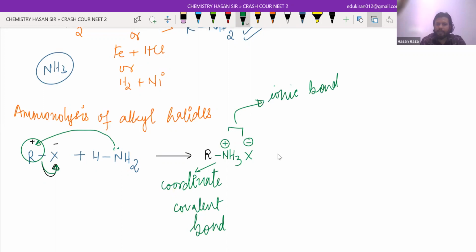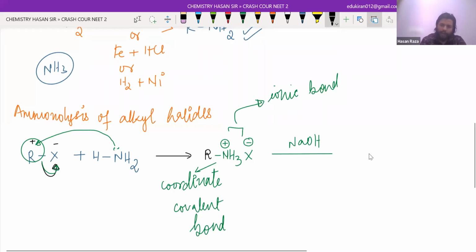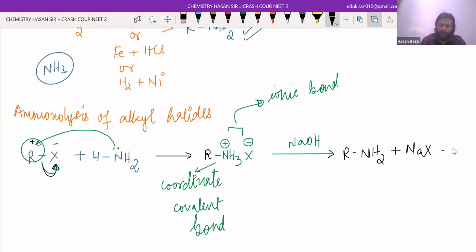After getting this salt, if you are going to react this with NaOH, you will be getting primary amine RNH2 along with a salt NaX and water.